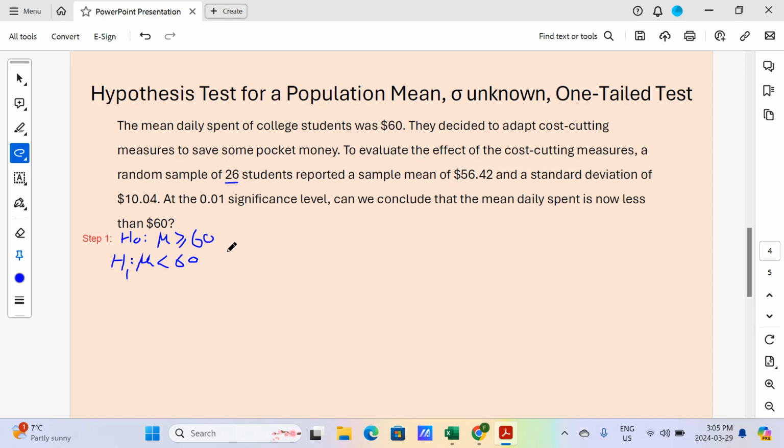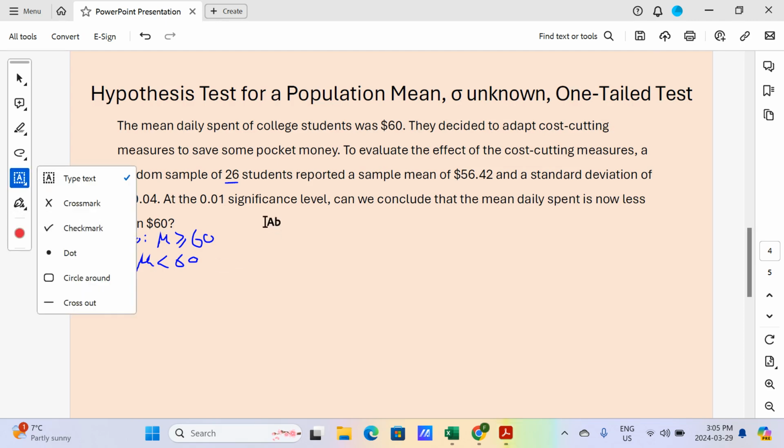H0 and H1 must cover all the possible values for the population parameter, the mean. So when H1 says mu is less than 60, H0 says mu is more than or equal to 60. And we always have the equal sign in the null hypothesis. Step 1 is done.